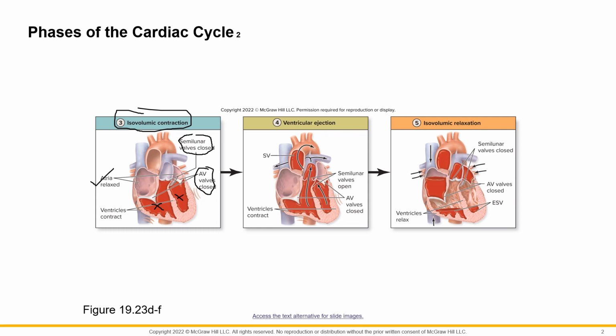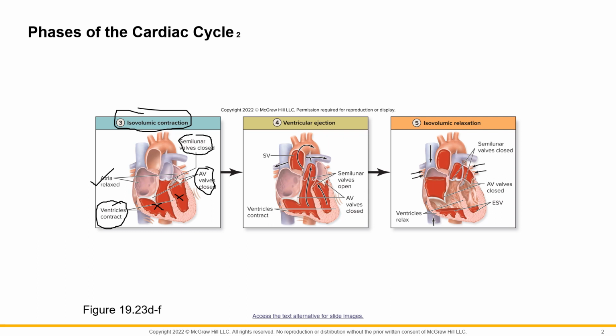And the ventricles are just now beginning to contract. So that is the characteristic of an isovolumic contraction: the ventricles are filled up, the atria are relaxed, all valves are closed, and the ventricles are just now starting to squeeze.